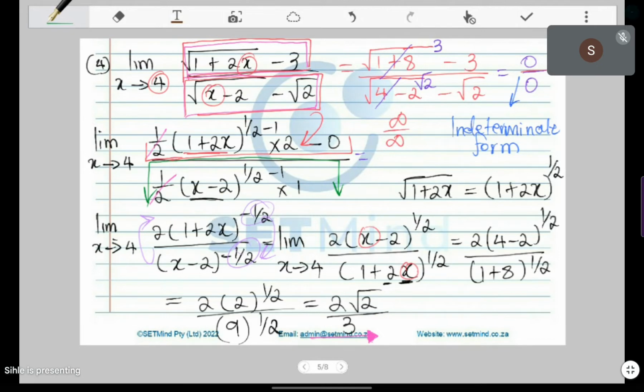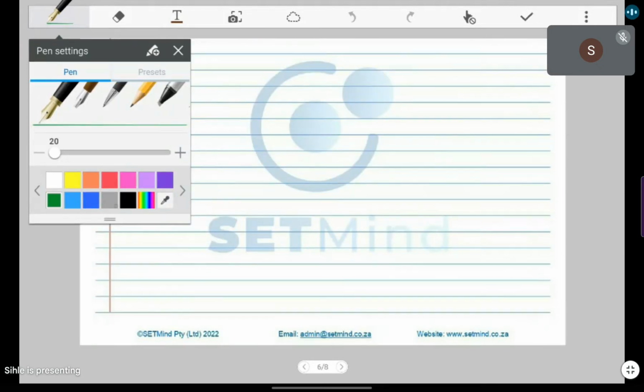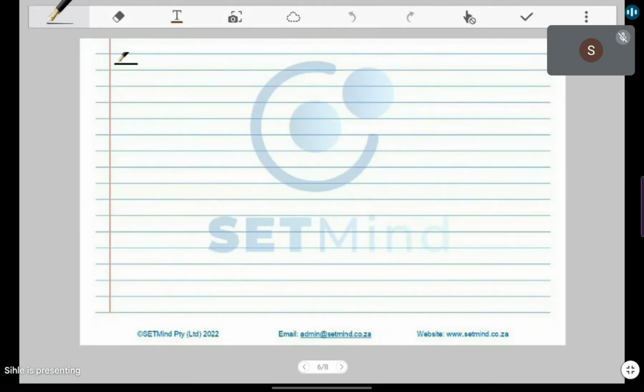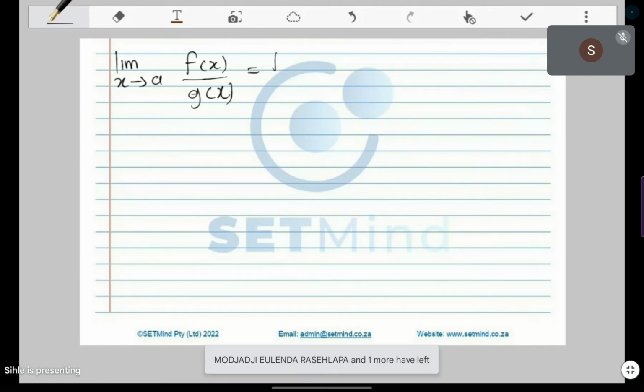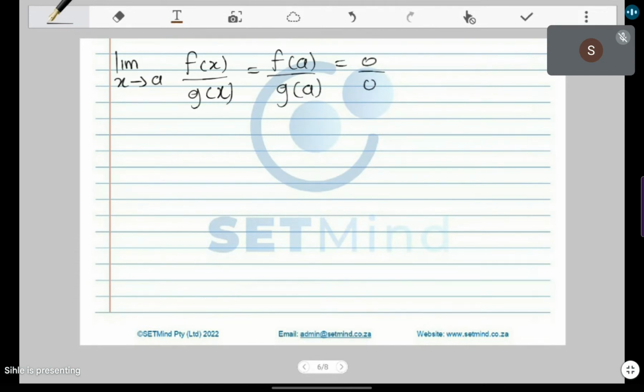So generally, let me say this. Let's say you have the limit as x approaches a of f of x divided by g of x. Let's say after plugging in a into f and g, you get 0 over 0, or you get infinity over infinity.